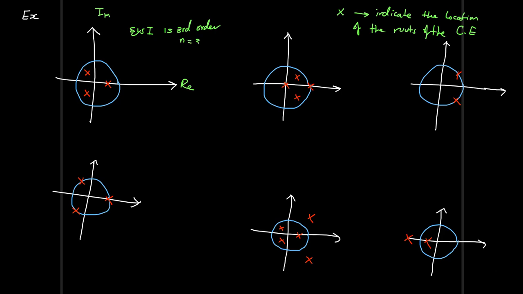Now all the roots are within the unit circle, so all the roots of the characteristic equation are located inside the unit circle, so the system is stable.